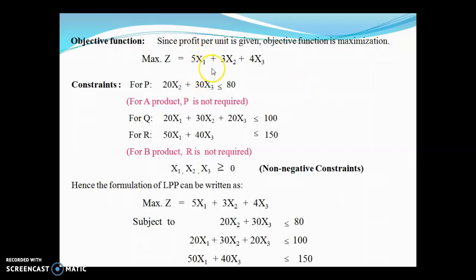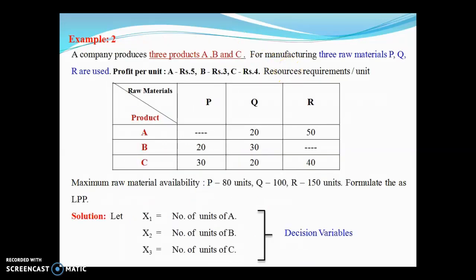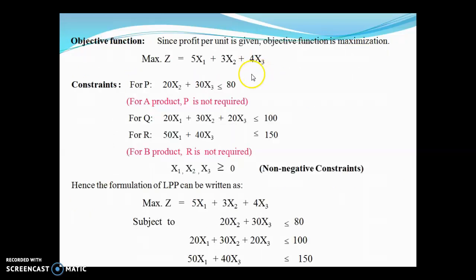Z equals 5x1 plus 3x2 plus 4x3. How do we write this objective function? This is the profit: A is 5x1, B is 3x2 and C is 4x3. This is the objective function.